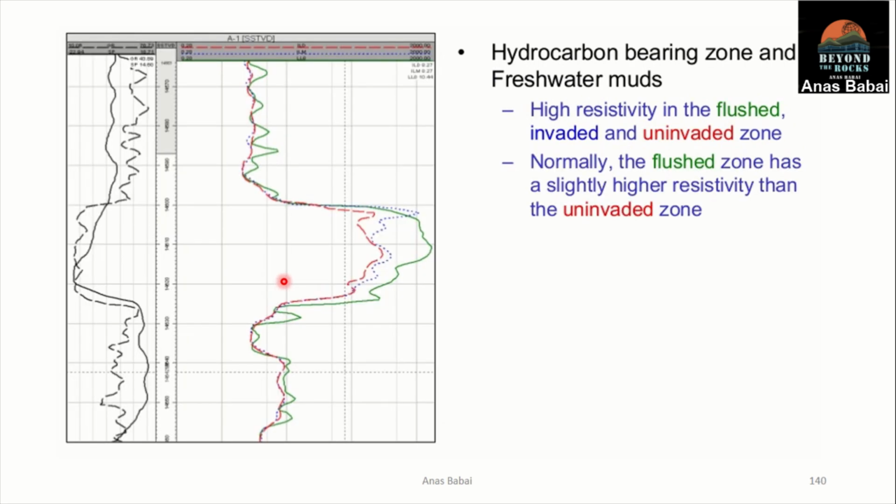Now another scenario is that we have a hydrocarbon bearing zone and a freshwater mud. A freshwater mud means low conductivity, so it will be high resistivity, and we're expecting that our reading in the flushed zone, which is the LL8, will be high since it's fresh water, so it will have a very high resistivity.